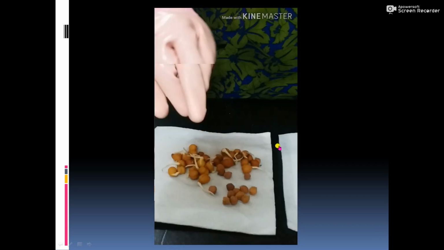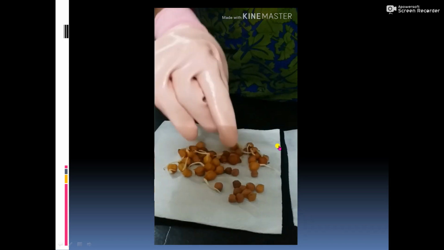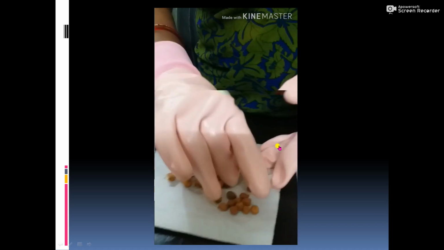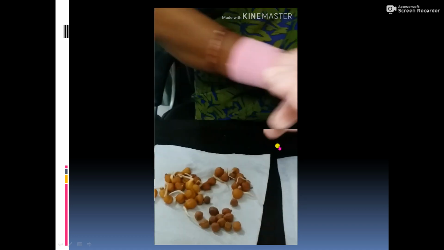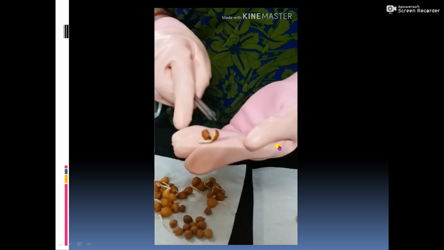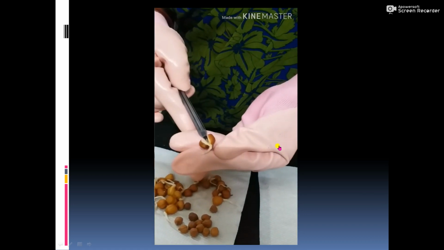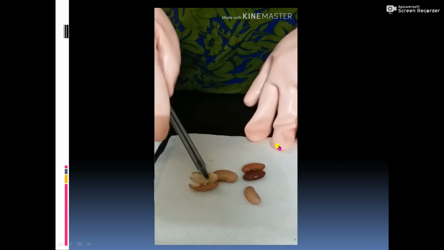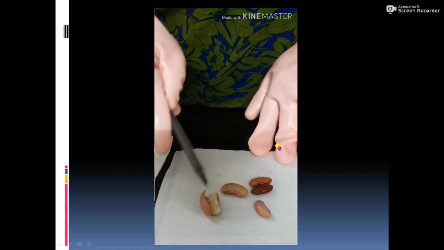Then we will see minutely that this gram seed contains 2 cotyledons. You look here. Here are 2 cotyledons. It means the equal halves of the gram seed are clear here. Now you can see also in the bean seed, see how this is differentiated into 2 equal parts.